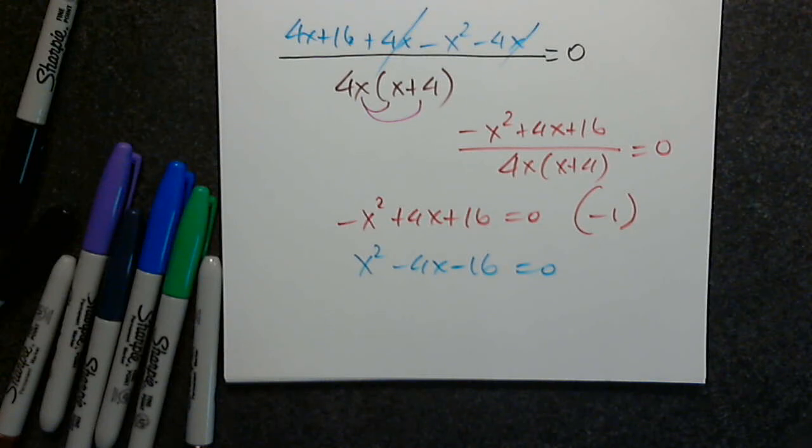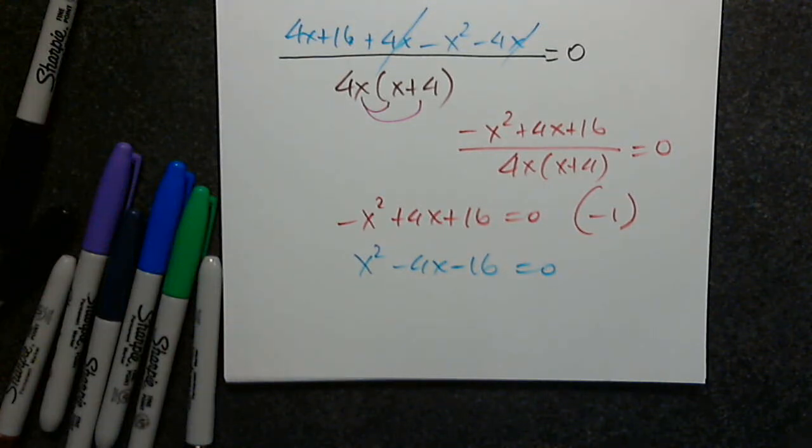So then x squared minus 4x minus 16 equals 0 is not factorable. So then we use the quadratic formula to get this. Is that good enough, Ben? Yeah. Or you want me to continue? No, from this point on, I can do it. Okay. Thank you. Perfect.